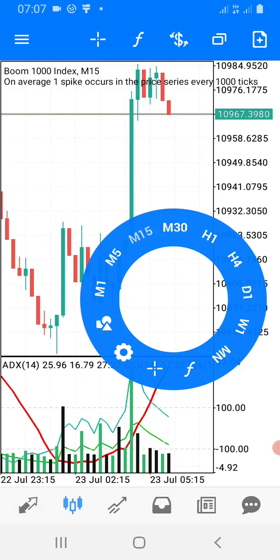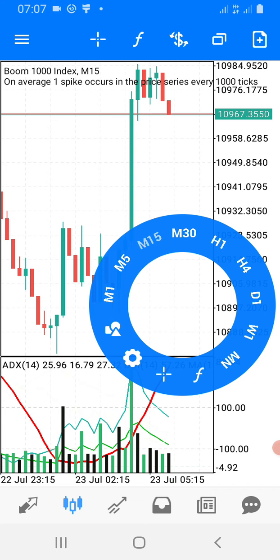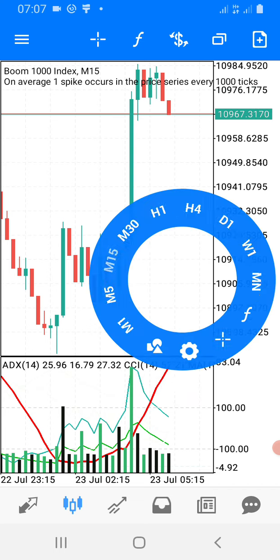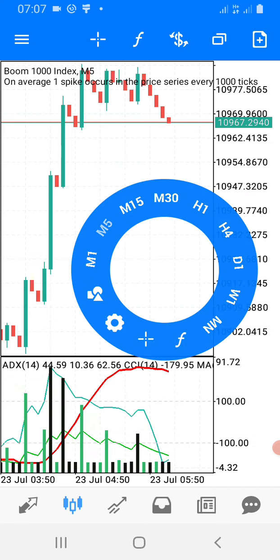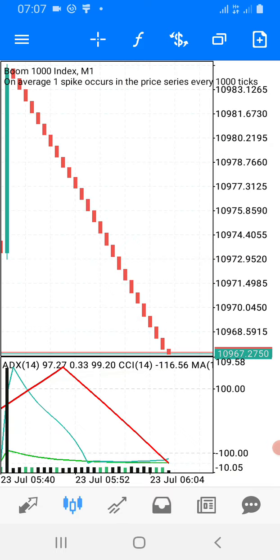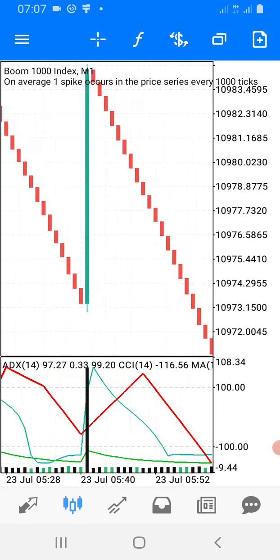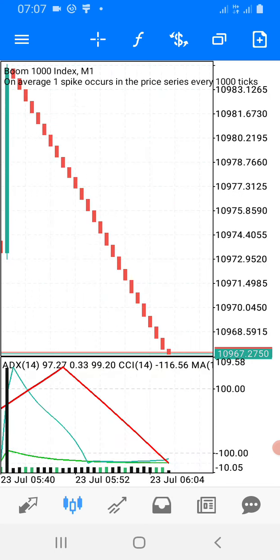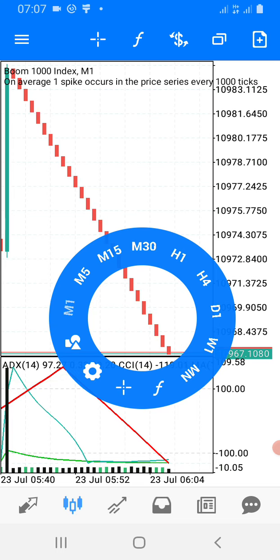So, for us to test the strategy, we're expecting a spike, but let me let you know now that the spike might not be that big, but we'll get a spike.